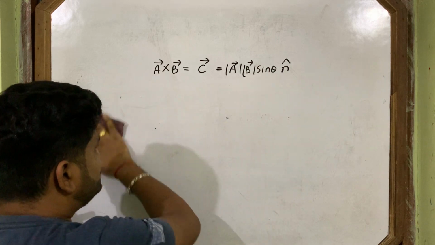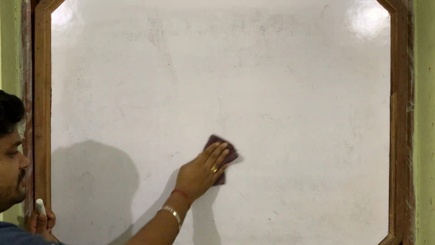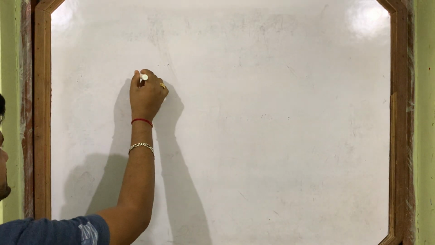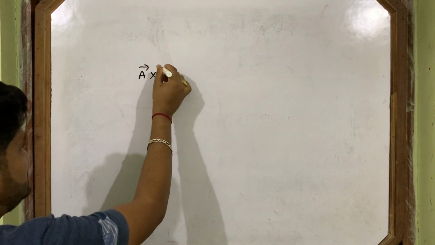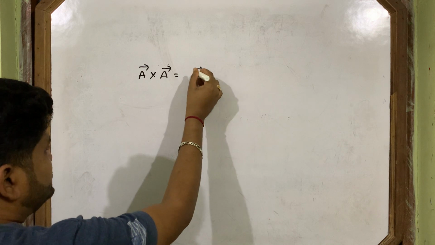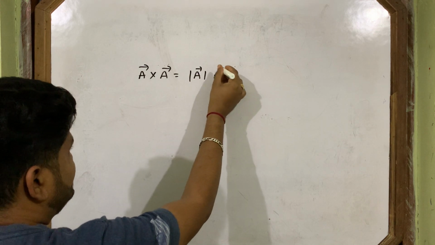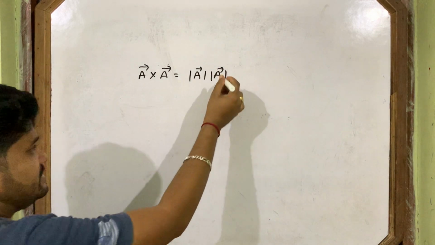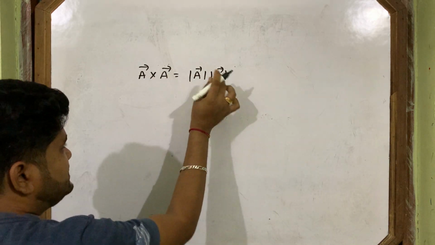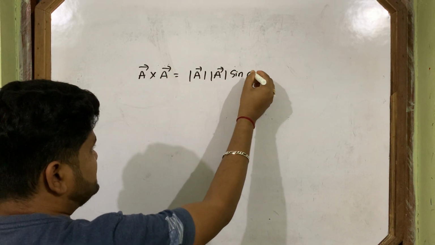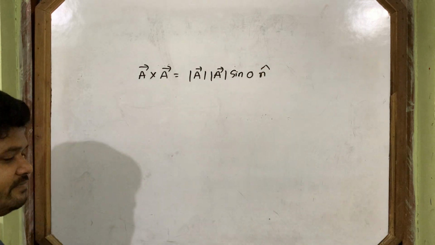Now we come to the cross product of two equal vectors. A vector cross A vector. Let's put the formula: |A||B| means the same, |A||B| sin 0 n cap. Why 0?